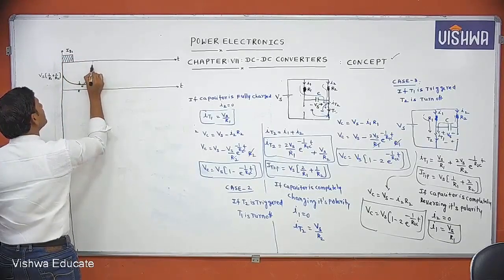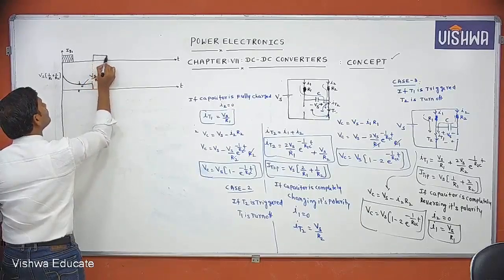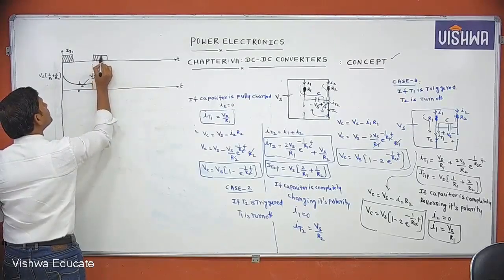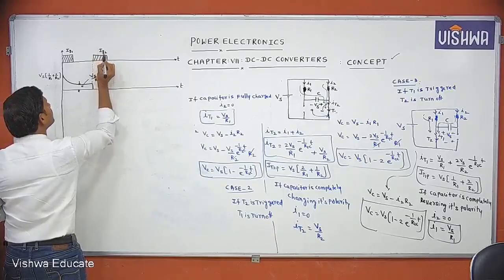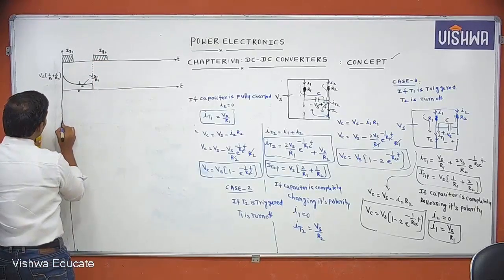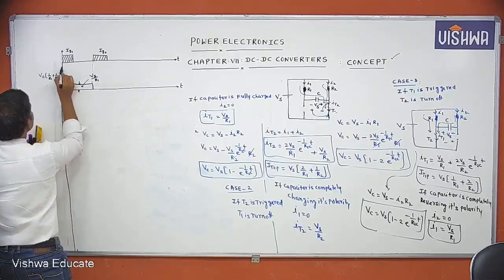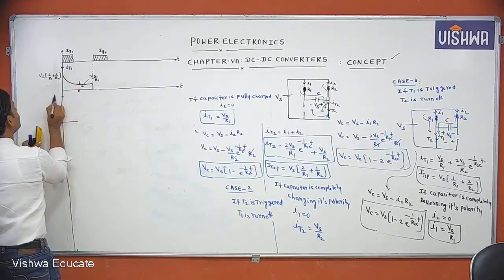Now at this instant, if the triggering pulse is applied to T2, this is the IT1 waveform. Now I am drawing the IT2 waveform.